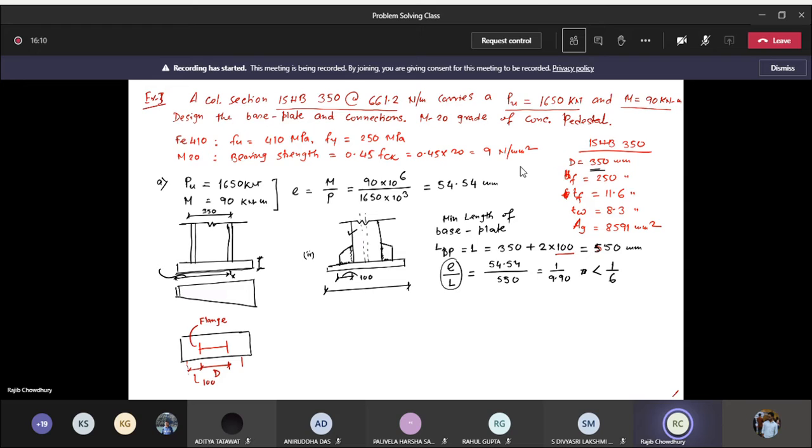All the base pressure which is developing would be compressive in nature. Is it not?